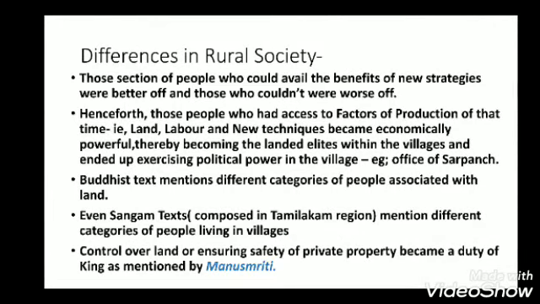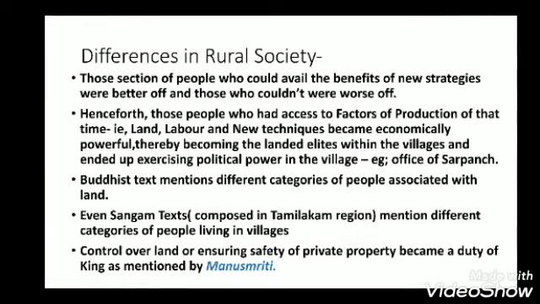Once you have economic power, obviously you have better clout and more bargaining power. So these people also became politically powerful in the village setup.